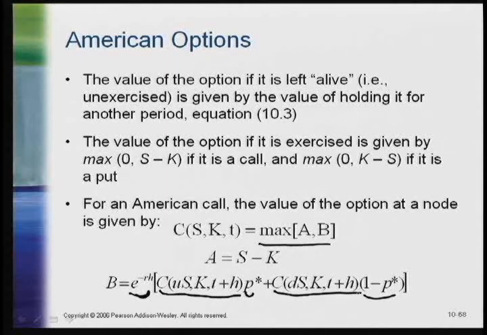So in other words, what we're going to do is backward substitution through the lattice, and at each node double check if the value we've calculated is greater than or smaller than the exercise value. If it's smaller, we're going to just throw it away and replace it with the exercise value.